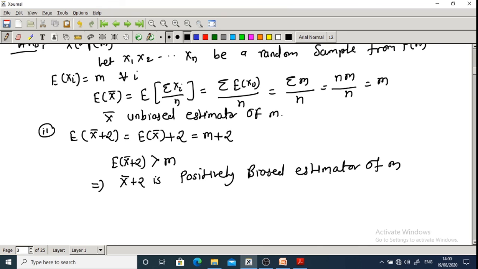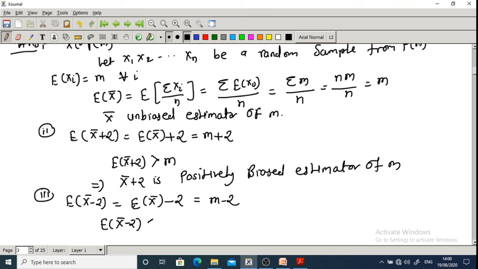In the third condition, we consider expected value of x bar minus 2. So which is equal to expected value of x bar minus 2, which is equal to m minus 2. But if we remove this 2, then we will get expected value of x bar minus 2 is always less than m.